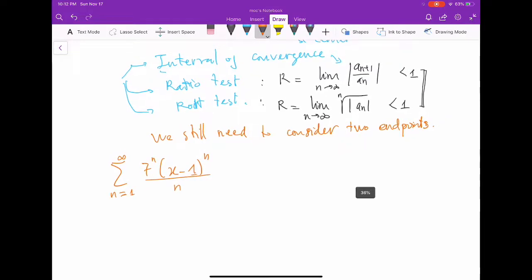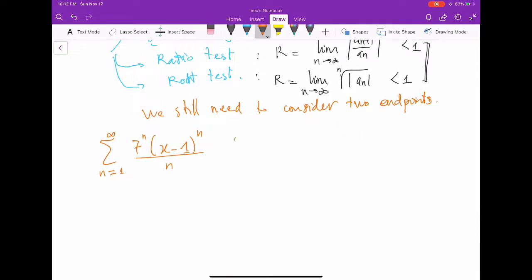All right, so look at this. In this situation, our a_n looks like 7 to the n, (x minus 1) to the n over n, right? So from the definition of a_n, we need to decide whether ratio test or root test would work, right? So in this case, I would apply the ratio test.